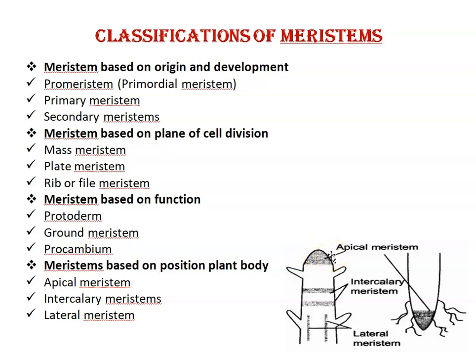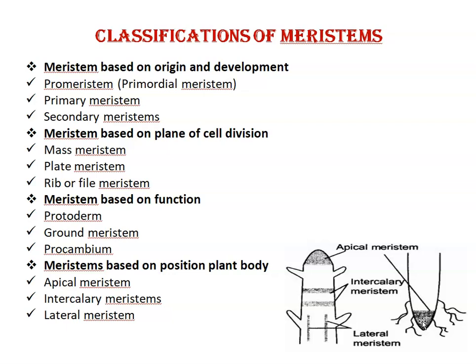It is made up of round cells, promeristem, and these tissues are found at the apex of the stem and root. You can see here, this is the root apex, this is the shoot apex. They are responsible for increase in length of the roots and stem.